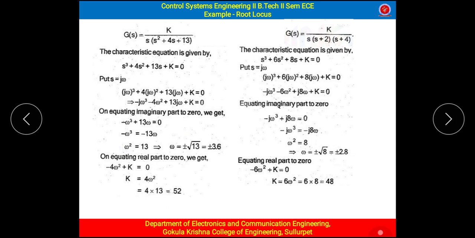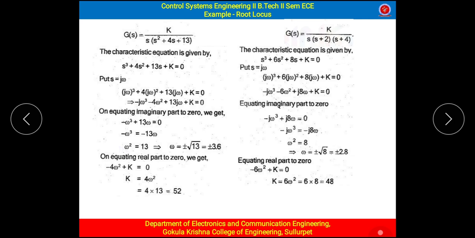It is not becoming unstable, it is critically stable, because currently the root locus is just touching the imaginary axis. It is of course going towards the right side, but it has not done so yet. So k equal to 52 is the maximum gain where the system is stable.